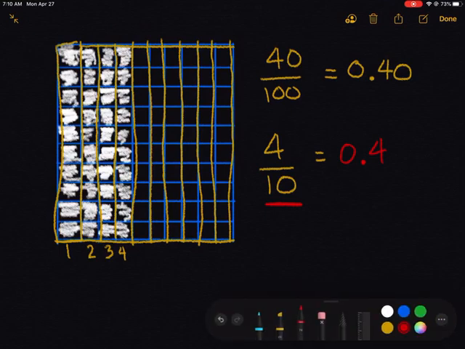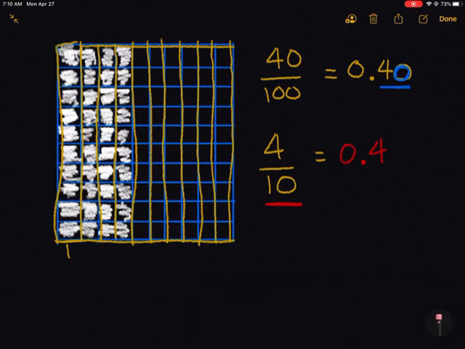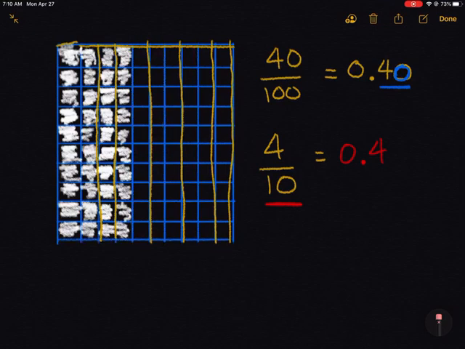Now, how I ended up with my 40 hundredths here is by putting a 0 in the hundredths place value. That's how I would then read it as 40 hundredths. There's 40 if I took away this yellow, but I think if I take the yellow away, it's going to take away, ooh, dangerous.